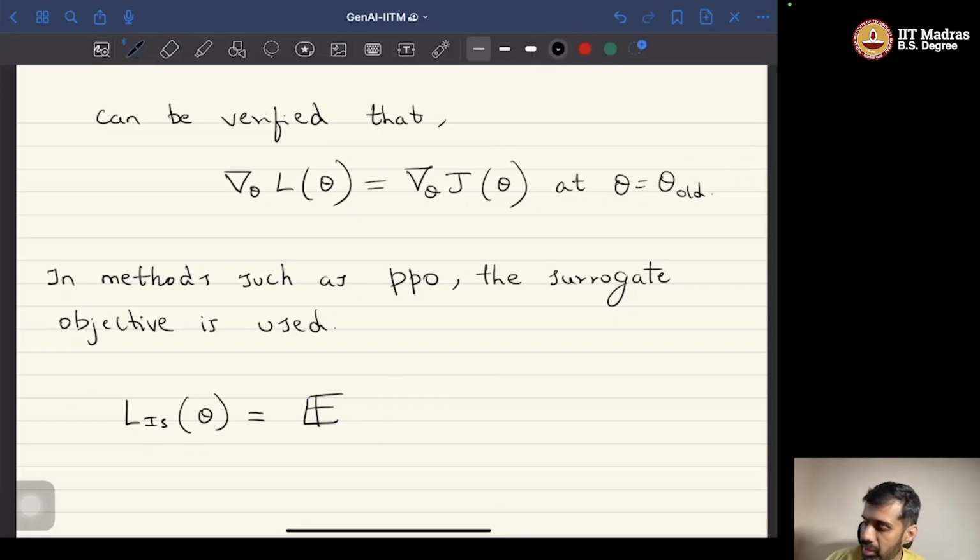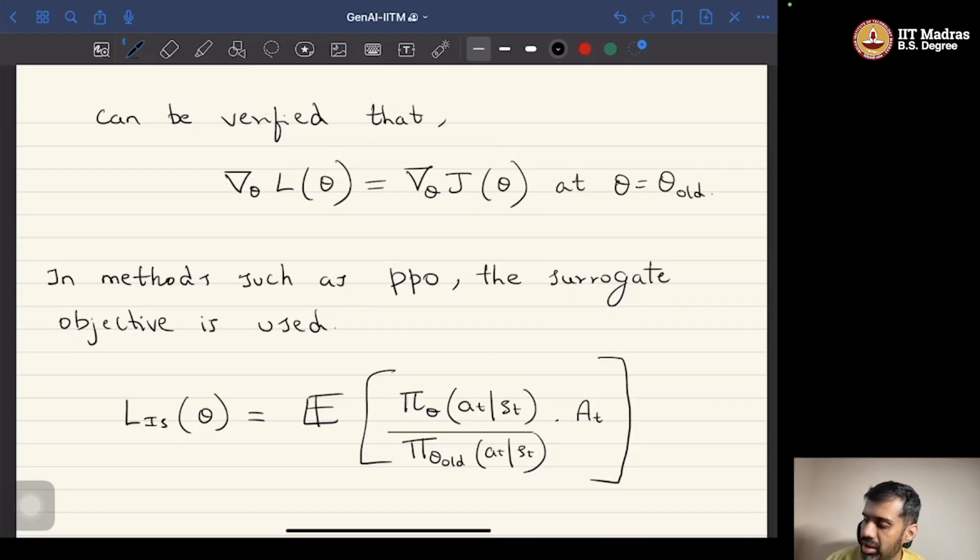So this is equal to expectation of pi theta AT given ST divided by pi theta old AT given ST times the advantage function. So this is the new objective function that we have, which was constructed to solve the problem of on-policy learning.